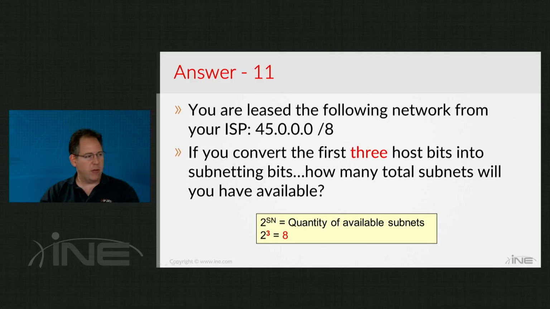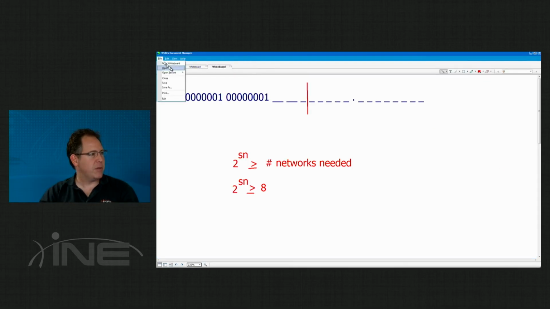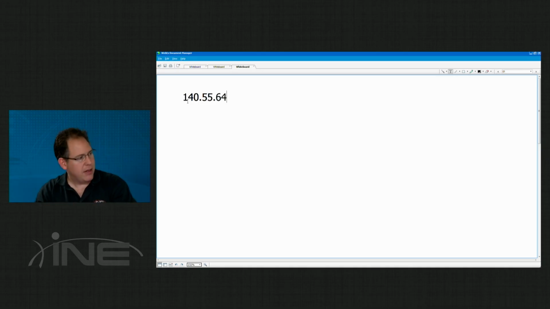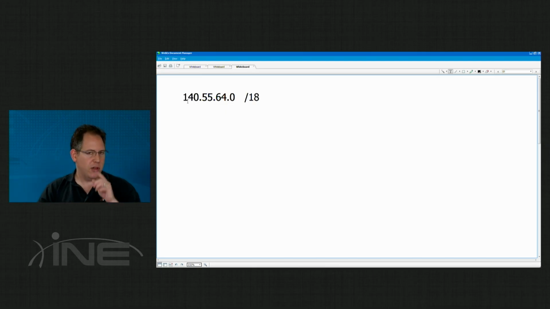For example, your regional internet registry or your service provider could say, okay, we're giving you this 140.55.64.0/18. So what that means is, from the service provider's perspective, I am not allowed to touch the first 18 bits.